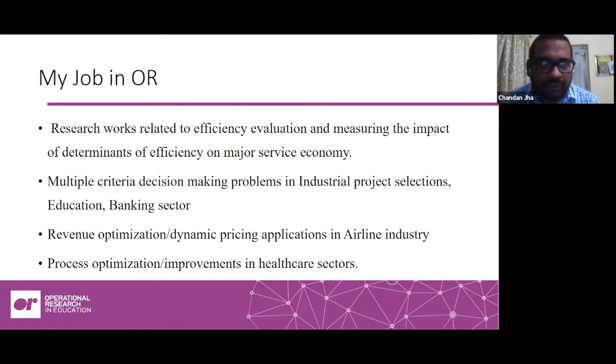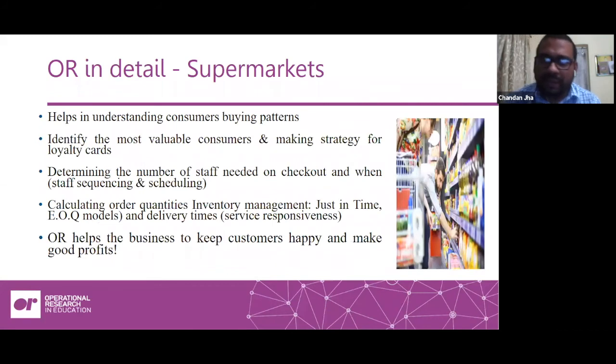Fine. Then a bit more on how operational research is extremely relevant in almost all the service sectors. For example, let's take the example of supermarkets. These OR methods or OR models help in understanding consumers' buying patterns and buying behavior.